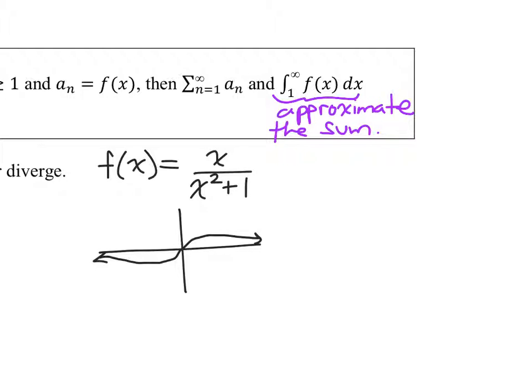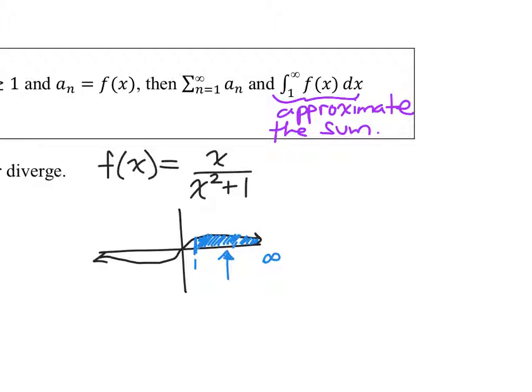All right. Now, I only care about 1 to infinity, so there's a lot of stuff I'm going to ignore here. I would start here at 1 and go to infinity. So I would get all of this area if I were to integrate this function.